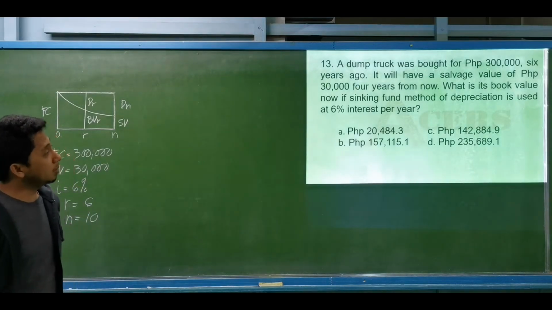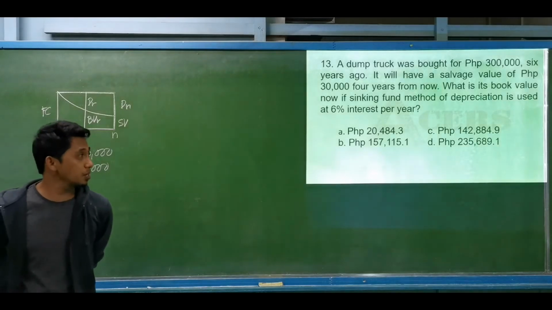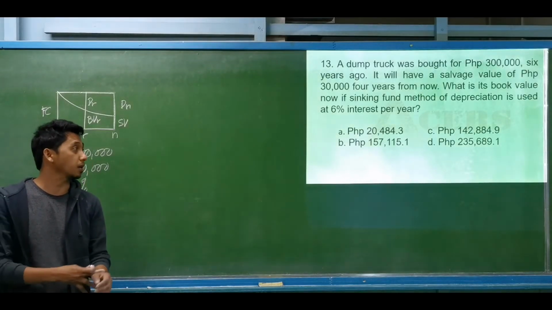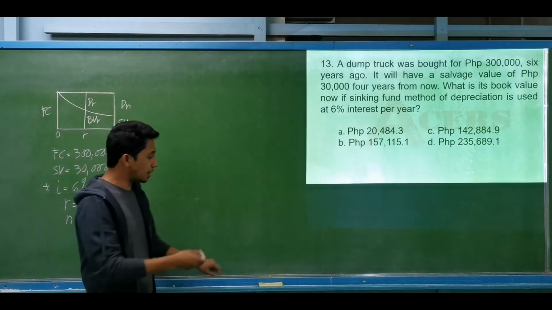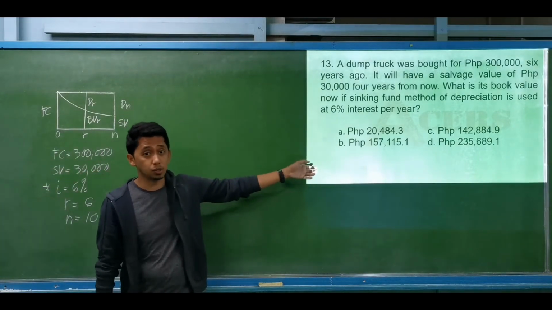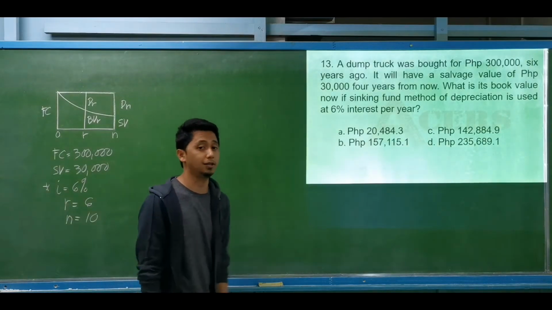What is the book value now if the sinking fund method of depreciation is used at 6% interest per year? Again, you cannot use the sinking fund method if the rate of interest is not given. So one clue: if the method is not stated, you may use the sinking fund method if the rate of interest is given.